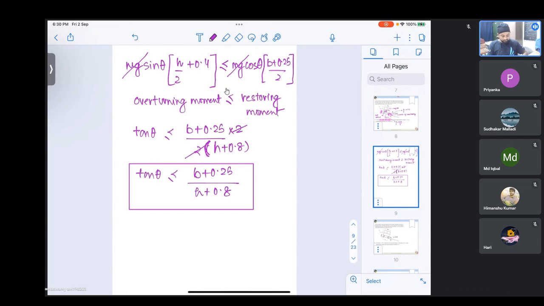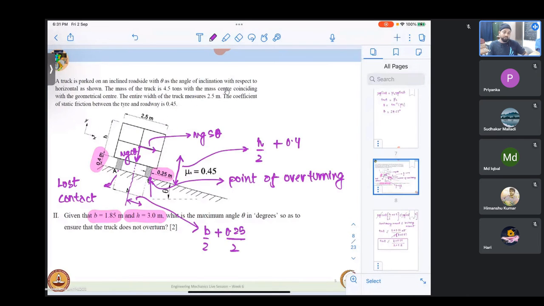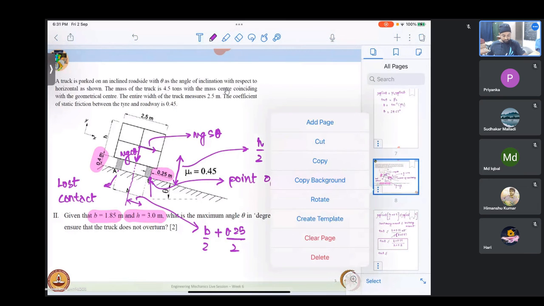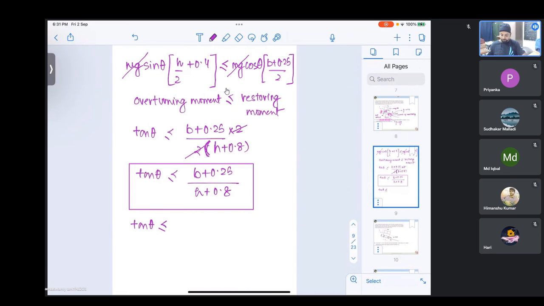Now in this question we have been given b as 1.85 and h as 3 meters. If we were to substitute, for the limiting condition we equate it, or rather I would prefer to keep it like that so that it is clear. Tan theta is less than or equal to, b we saw was 1.85, so 1.85 plus 0.25 divided by 3 plus 0.8.